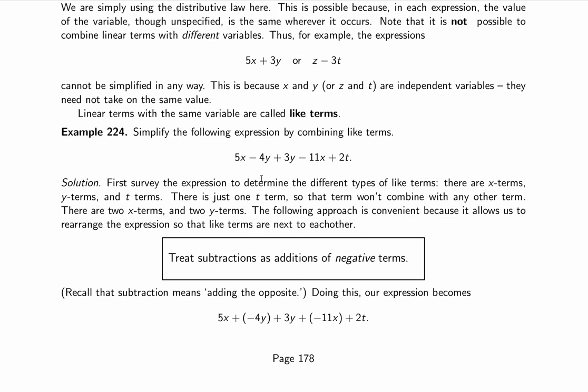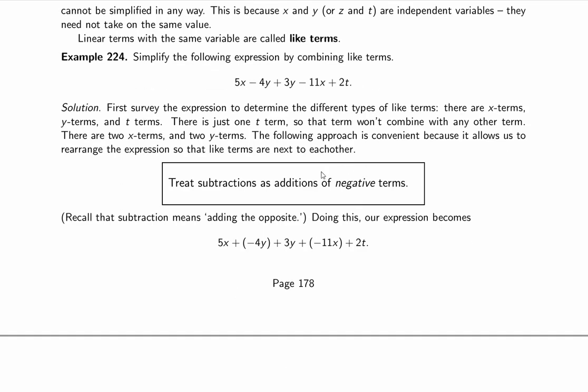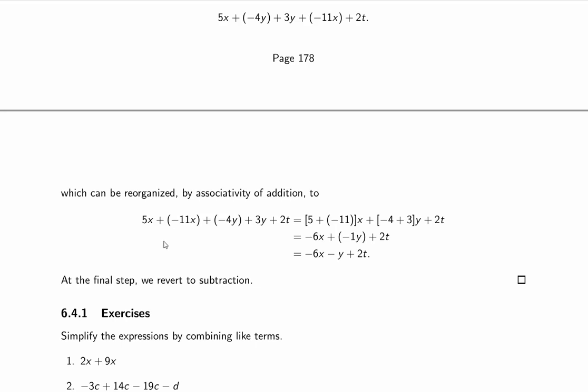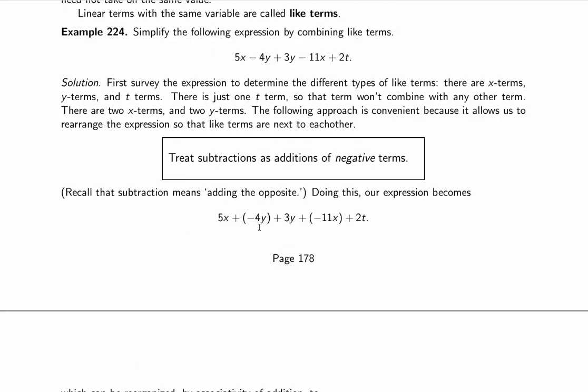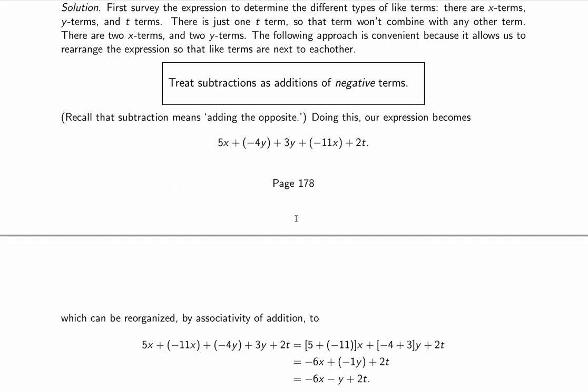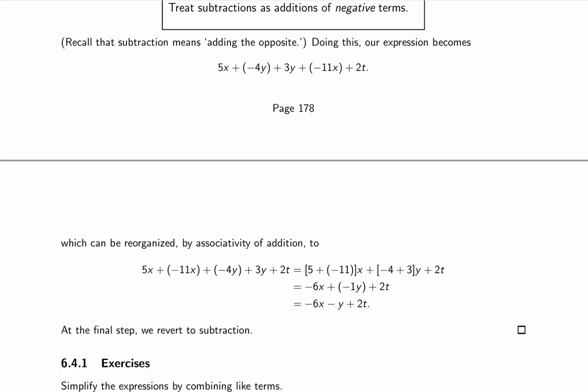So for this complicated example here with x's, y's, and t's, if you want to simplify this, well, first, write everything with addition. We know addition is associative and commutative, so you can reorganize. So put the x's together, keep the y's together. So here we have the two x terms.